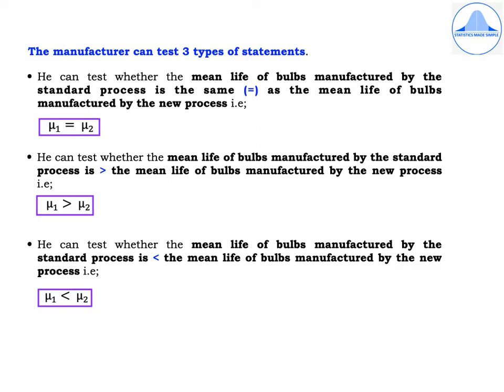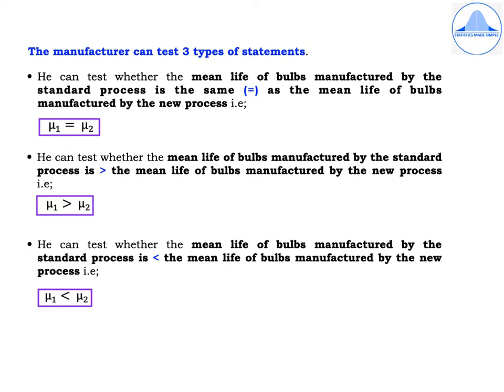Now, the manufacturer can test three types of statements. He can test whether the mean life of bulbs manufactured by the standard process is the same, that means it is equal to the mean life of bulbs manufactured by the new process. That is, he can check whether mu1 is equal to mu2.